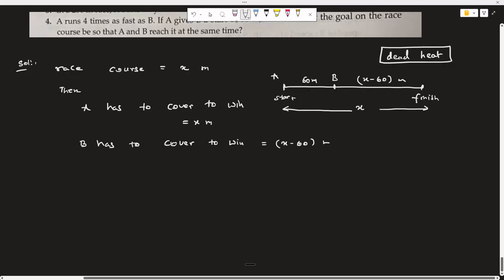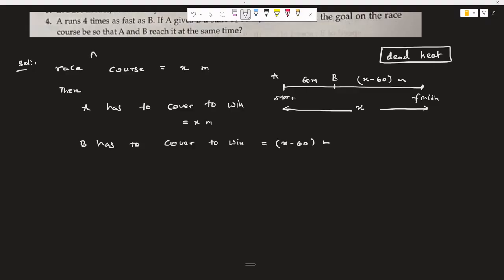And also we know that the capacities of A is to B was 4:1. A will run 4 meters while B covers only 1 meter. Okay, copy like this.